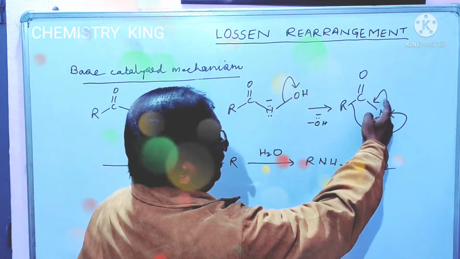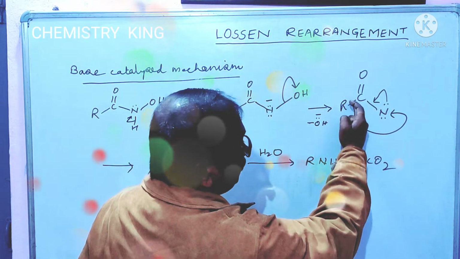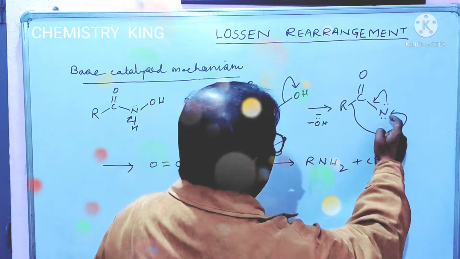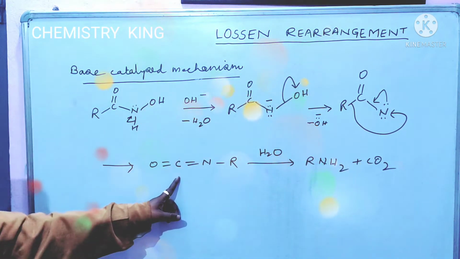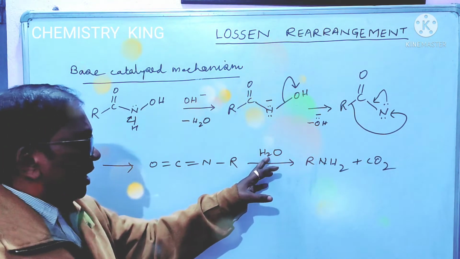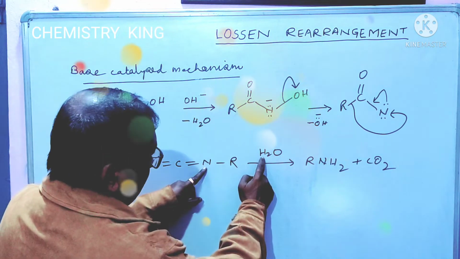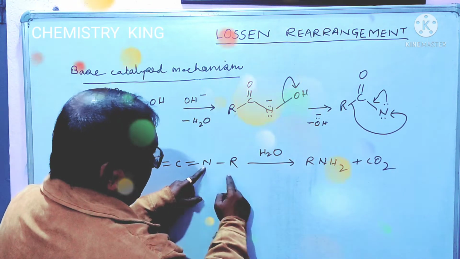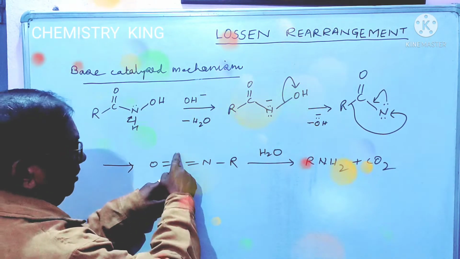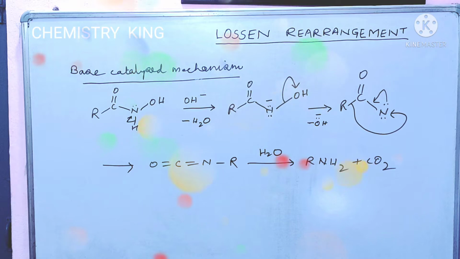Now this electron pair will come in this fashion and this alkyl with this bond will migrate from here to here, leading to alkyl isocyanate. When it is hydrolyzed, 2H will come here, leading to amine, RNH2, and this oxygen will come here, leading to carbon dioxide.